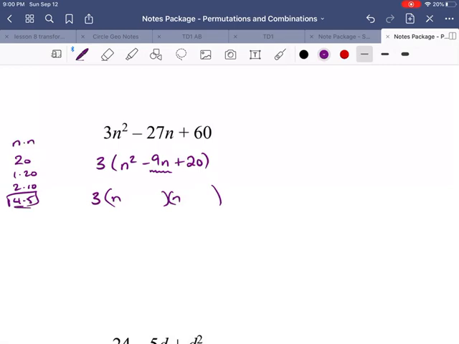So it's got to be 4 and 5. And the end has to be positive, and the middle term here, negative 9n, has to be negative. So I'm going to make both of them negative because when you expand, that's how you get a negative middle term and a positive last term.